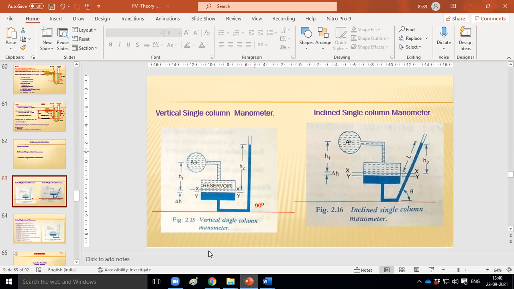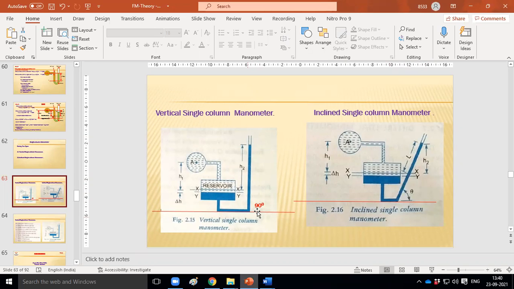Why is one called a vertical single column manometer, and why is the right side figure called an inclined single column manometer? It is very simple, depending on the position of the column. On the left side, the tube is vertical, and on the right side the tube is inclined at an angle theta with respect to horizontal.